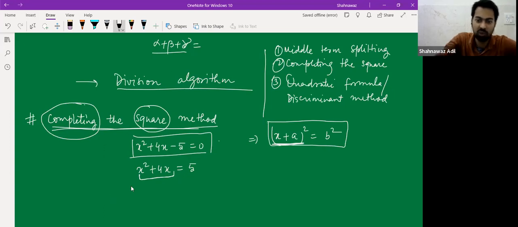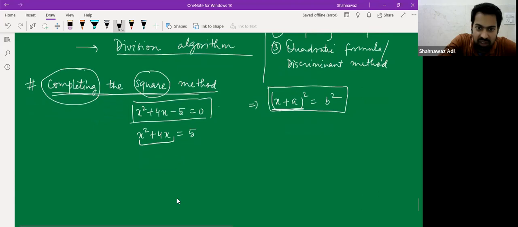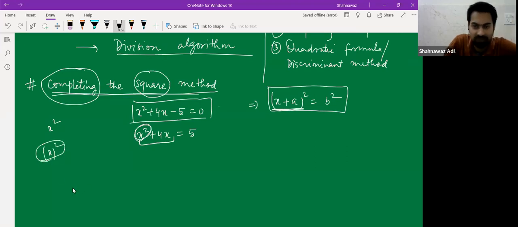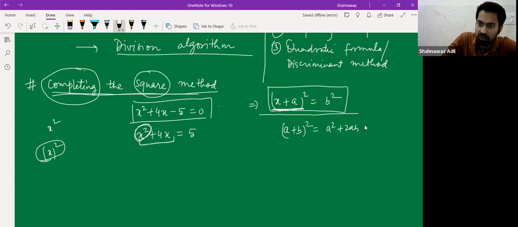So what we do is, x square is a complete square, right? x square is the square of x, right? And the identity that we know is what? Or if we have this, right?